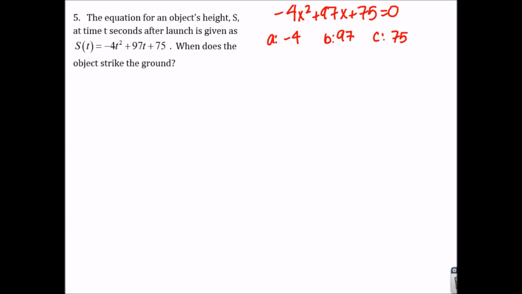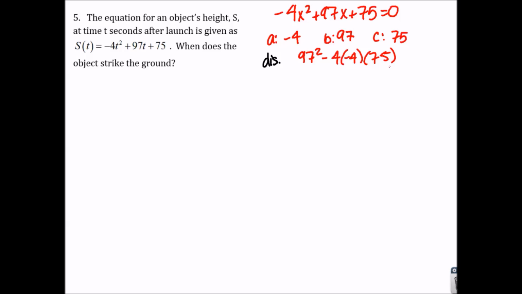So again, I want to find my discriminant first. So I have b squared minus 4 times a times c.